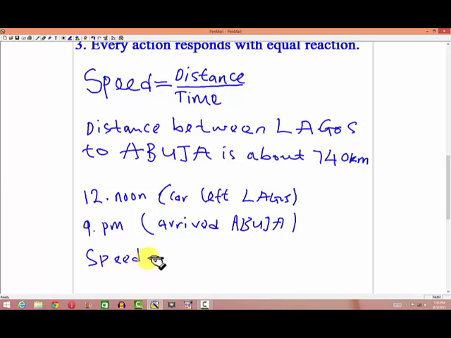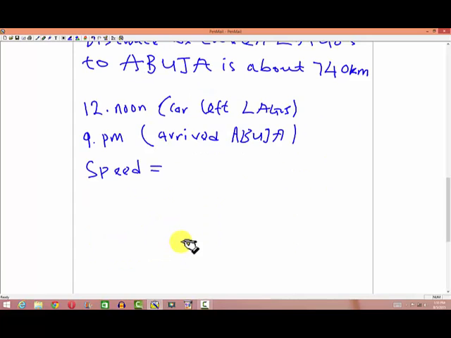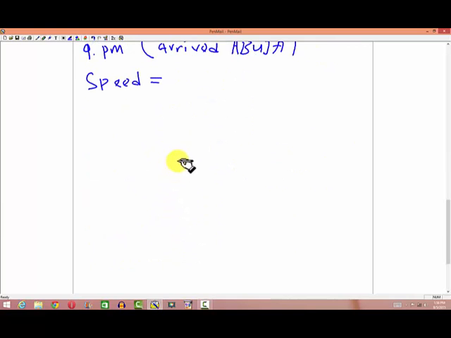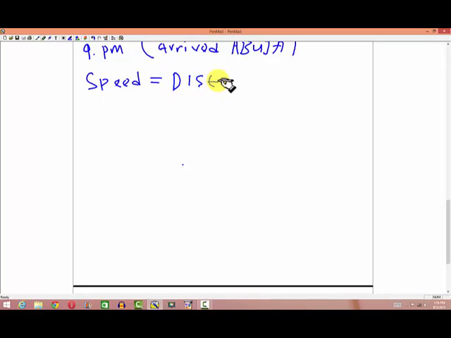So that means you can calculate how fast it was running. All you have to do is use the same formula again. Speed is equal to distance over time.